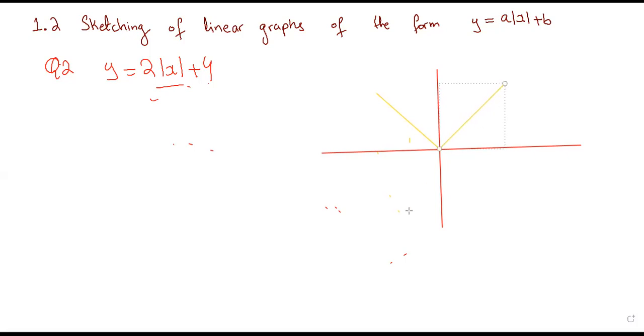So this is basically |x|, okay? And if I say 2|x|, so we are multiplying it by 2. It would be of this type. Let me make the graph.